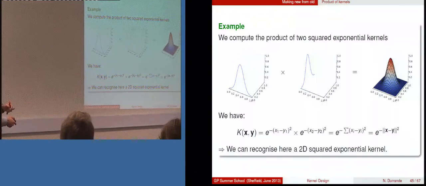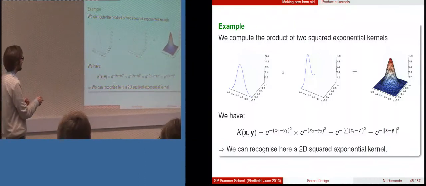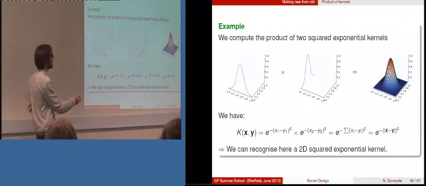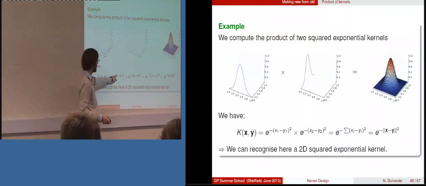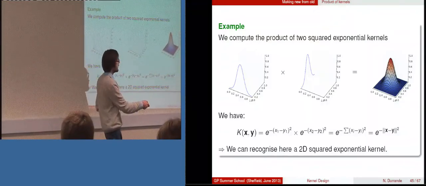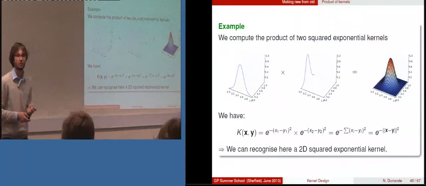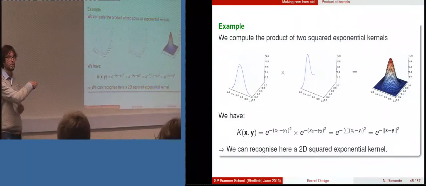For example, I took the Gaussian kernel again, I multiply this one by this one, and I end up with this. Here you can recognize something roughly shaped like a Gaussian bell, and it is actually a Gaussian bell, because if you compute this product, you end up with exactly the expression we had before for a d-dimensional Gaussian. Is there any question about that?